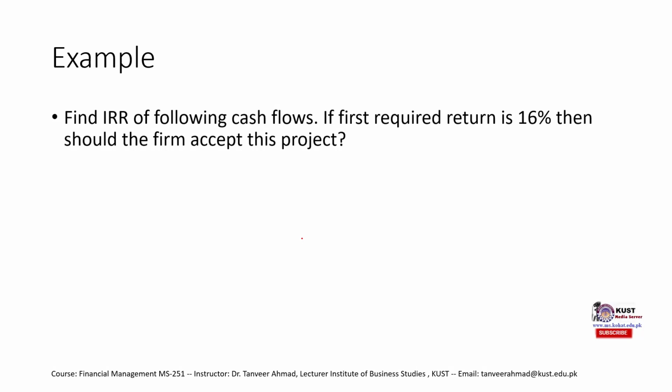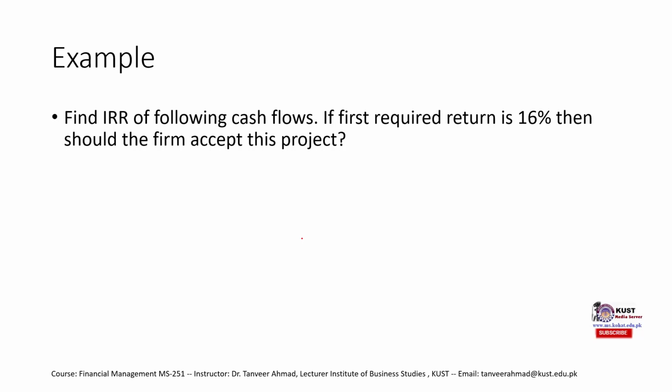So we need to find the IRR of the following cash flows. If the required rate is 16%, then should we accept the project or not? Remember, the IRR decision rule is: if the internal rate of return of the project is greater than the required return.